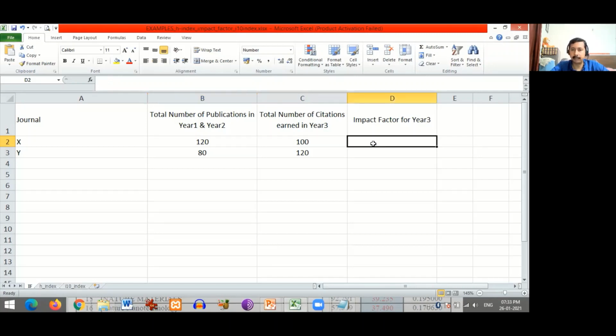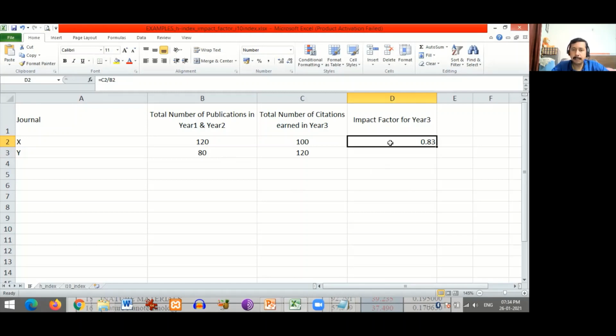Therefore, in order to put it in an Excel formula, total number of citations earned in year 3 divided by total number of articles published in year 1 and year 2 put together will give you the impact factor of this journal for the year 2019, that is year 3 in this illustration. So 0.83 is the impact factor.